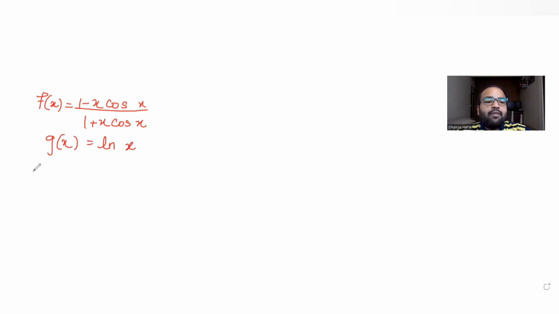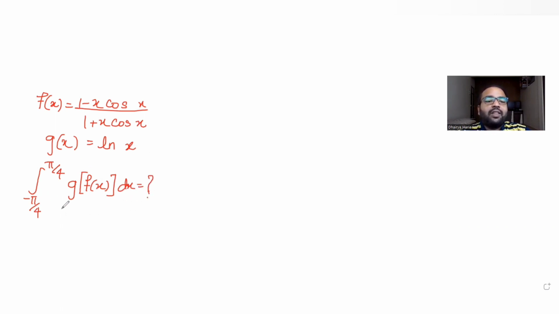We are asked to find the integral from minus pi by 4 to pi by 4 of g of f of x dx. So we need to find the value of the entire integral.